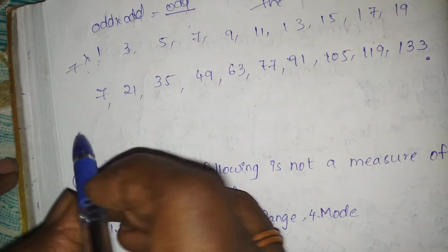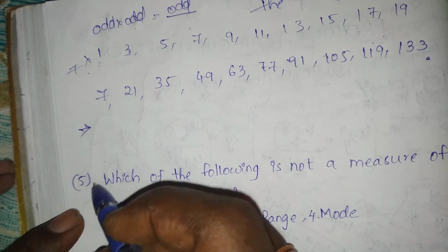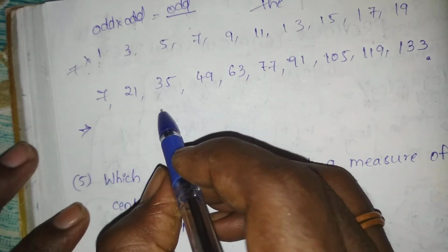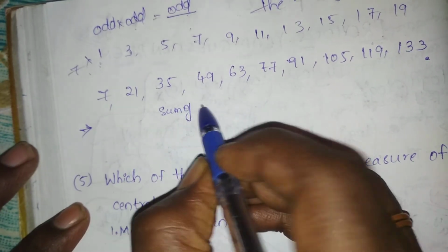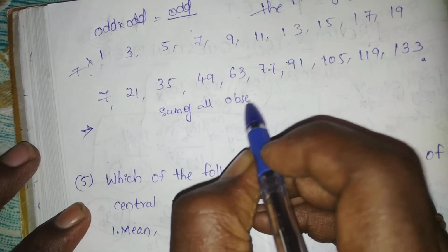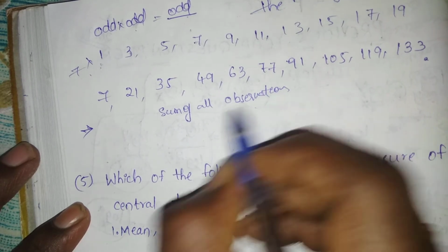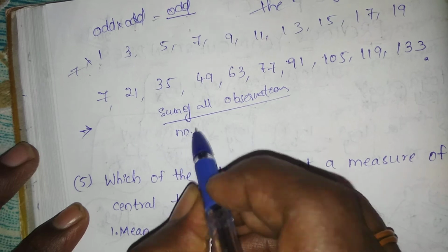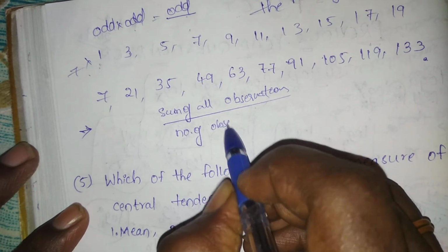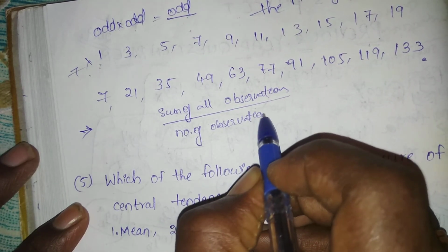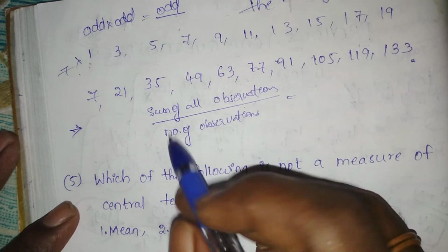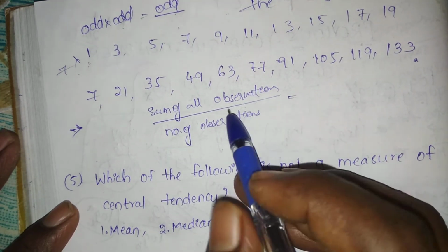Here the mean indicates the sum of all observations divided by the number of observations. What is the sum of observations?